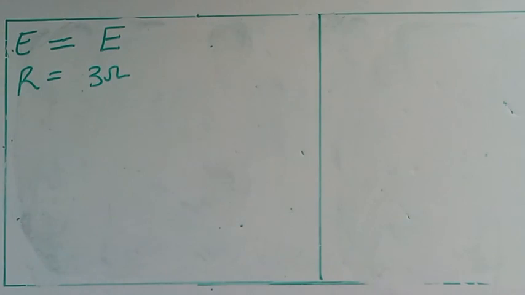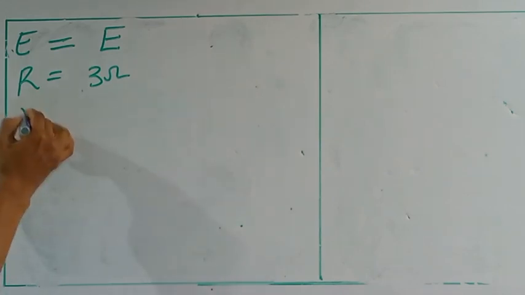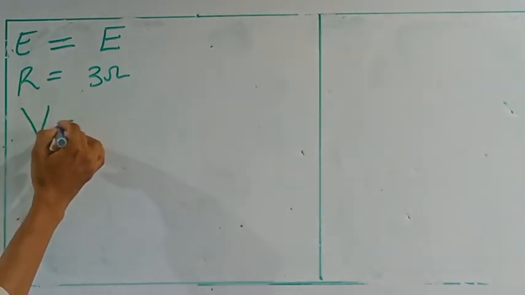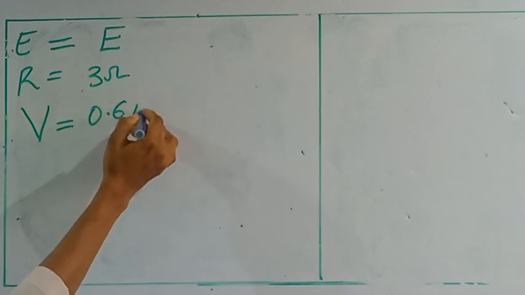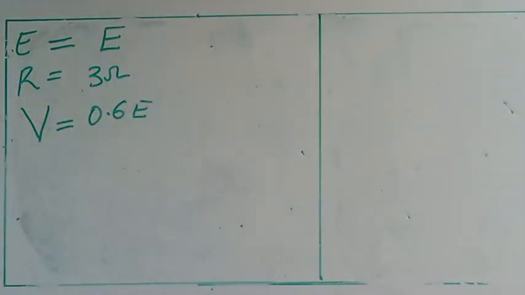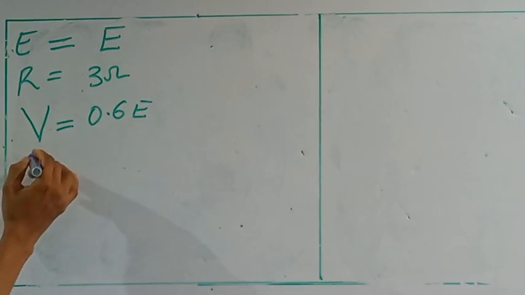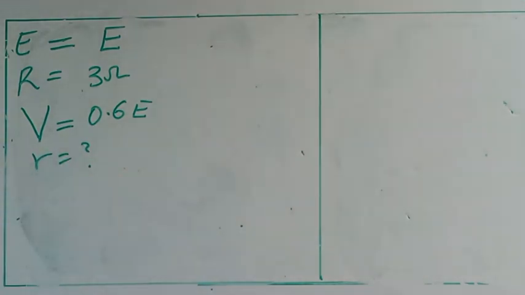If the voltage falls to 0.6 E, let's say the terminal PD now is 0.6 E. Find the internal resistance of the cell. We are looking for R, which is the internal resistance of the cell.